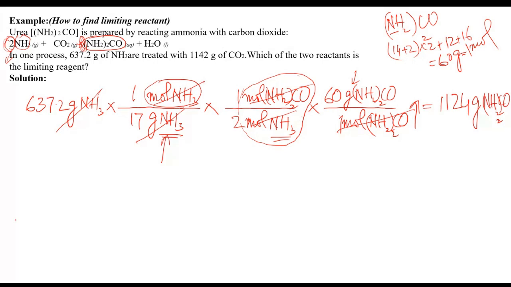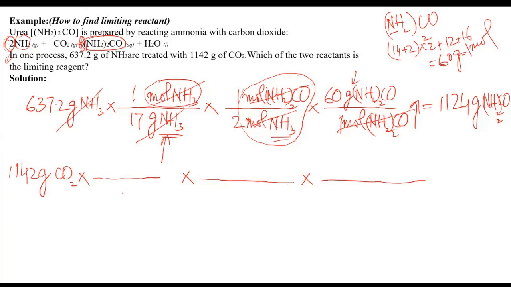Now in the second part, you will take 1142 grams of carbon dioxide. Multiply, divide. Again, listen carefully, Abdurrahman. This is your step number 3, step number 4, step number 5. Okay, what will you write down here? Same here, gram of carbon dioxide, because it is given.